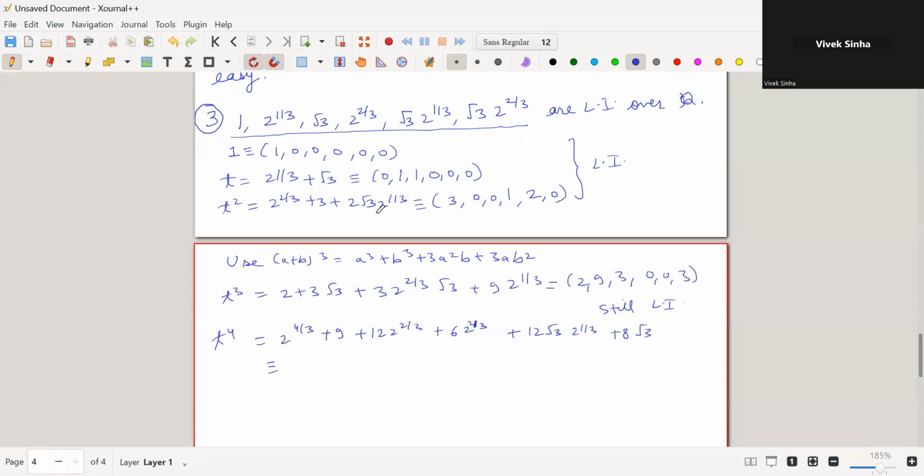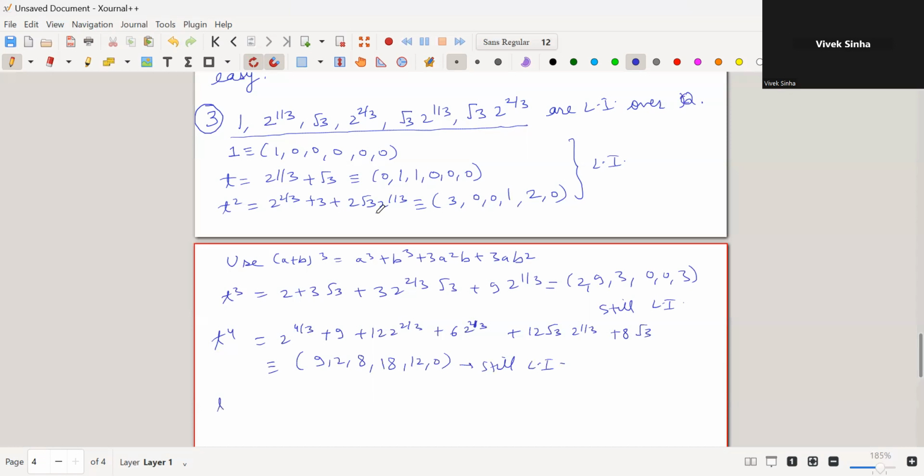So this will correspond to 9 2 8 18 12 and 0. So it has 0 at different places again. So this still remains linearly independent.